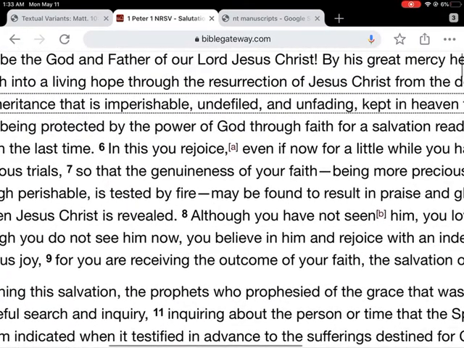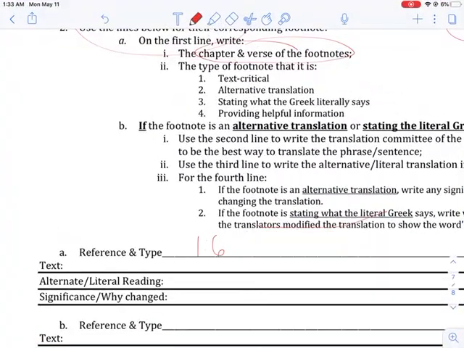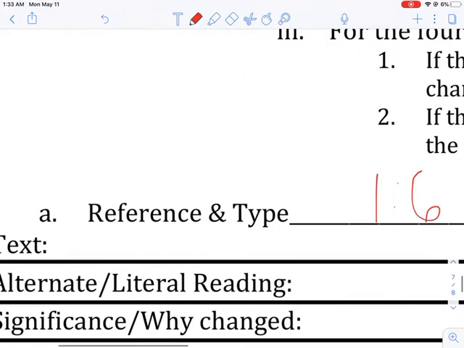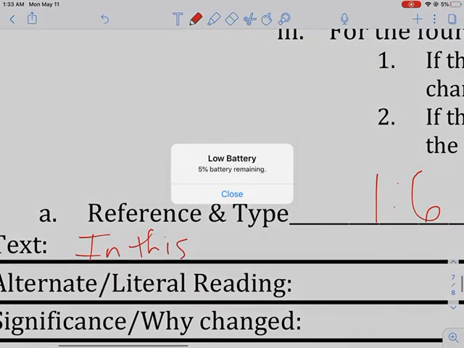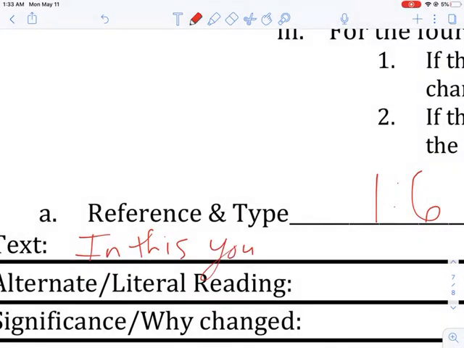And it says, "In this you rejoice." That's what it says in the Bible. Again, you don't need to read the whole chapter. Just read the part with the footnote. So you write, "In this you rejoice."